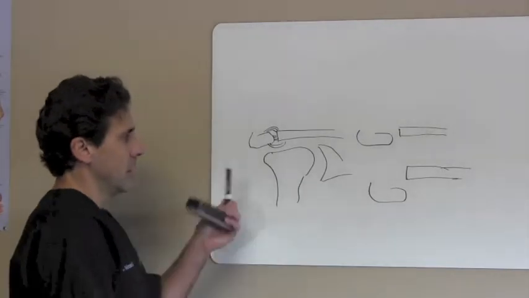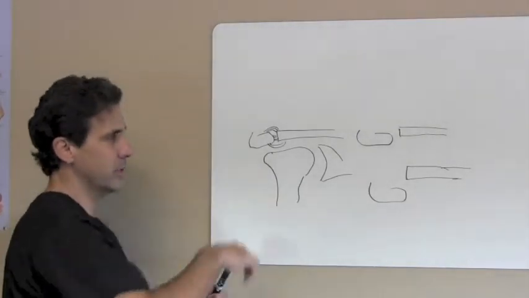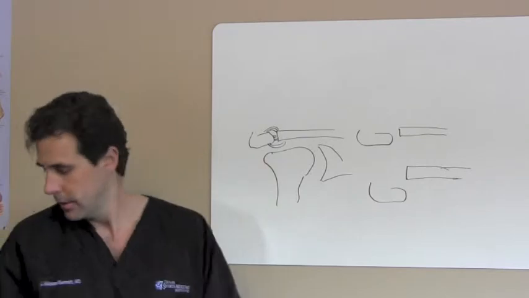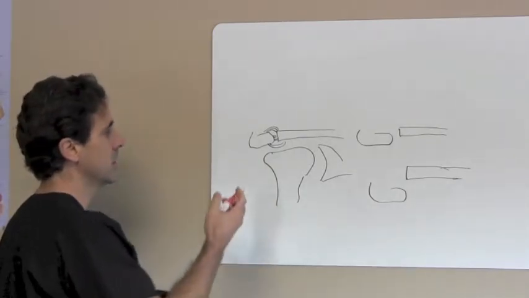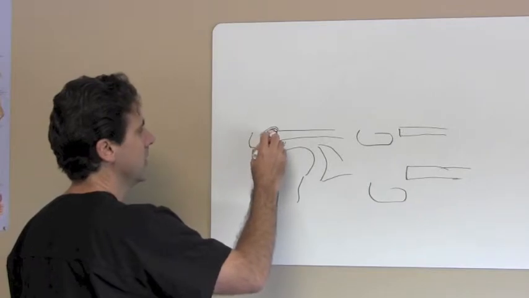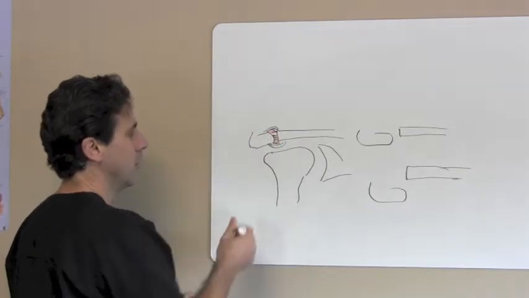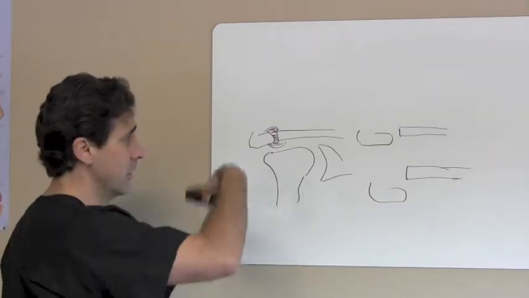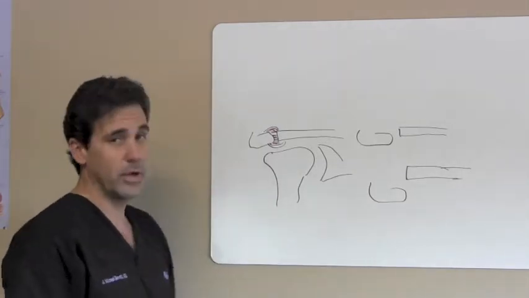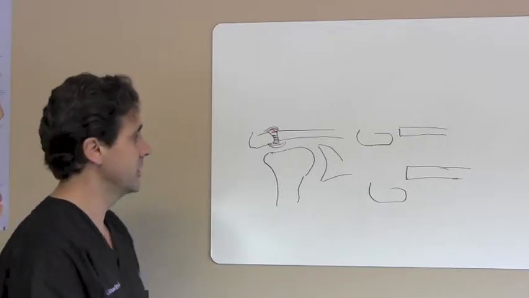So this picture right here, if you have the injury, and let's just say that these ligaments are strained, but the shoulder's still reduced and it's not disrupted, then that's a grade 1 AC joint separation.